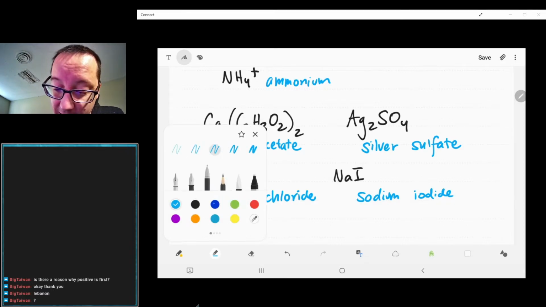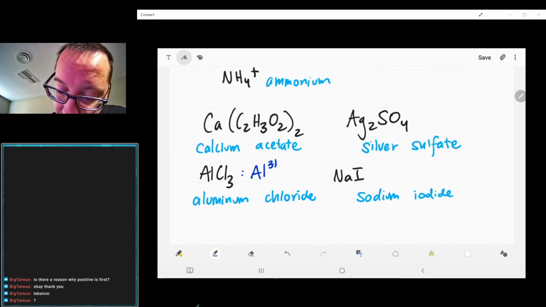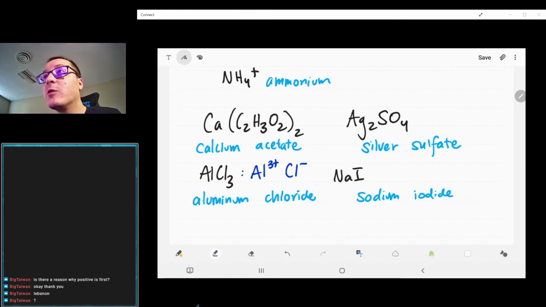It may be beneficial to you to indicate what the ions are that make up these compounds. That may help you. For example, this one is made of aluminum and chloride ions. It may be beneficial for you to figure that out, just in good practice, because once we throw transition metals into the mix, it's going to be important that we figure out what the ions are.